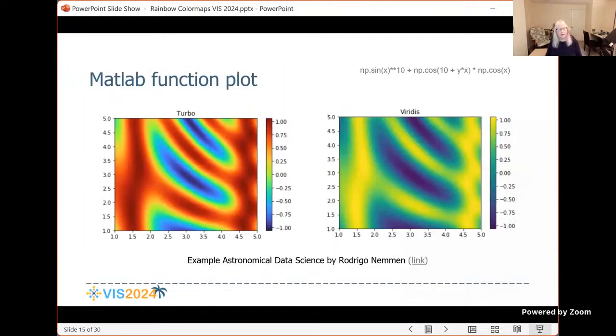Let's look at this MATLAB function plot. Here Z is positive and negative. It's a bunch of sines and cosines. And the author has put the center of the turbo color map there at 0. So 0 is this yellow-green color, and you can immediately see in the plot clearly where 0 is.